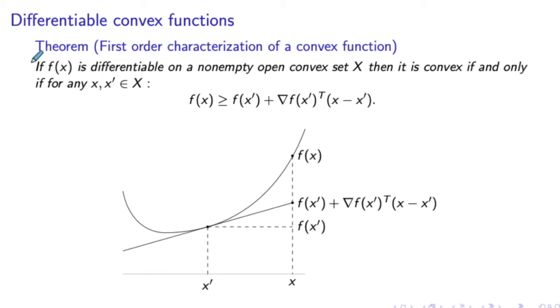And perhaps it's best illustrated by looking at the first order characterization of a convex function for the differentiable case first. So in this case, of course, the function is differentiable, so we have the gradient.